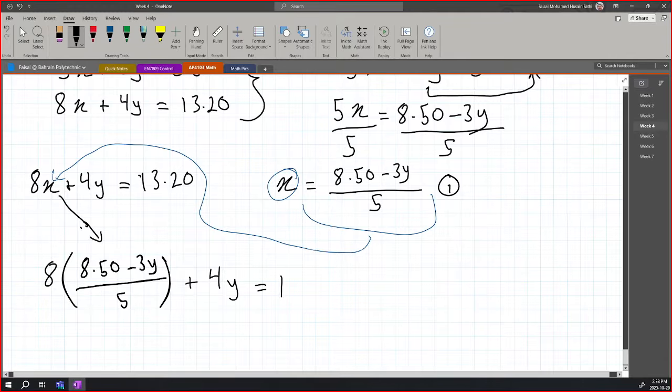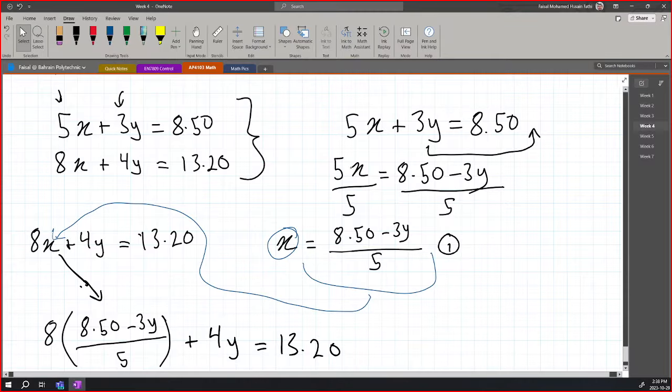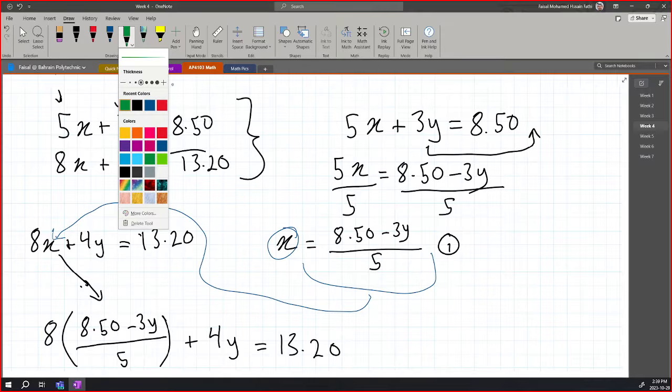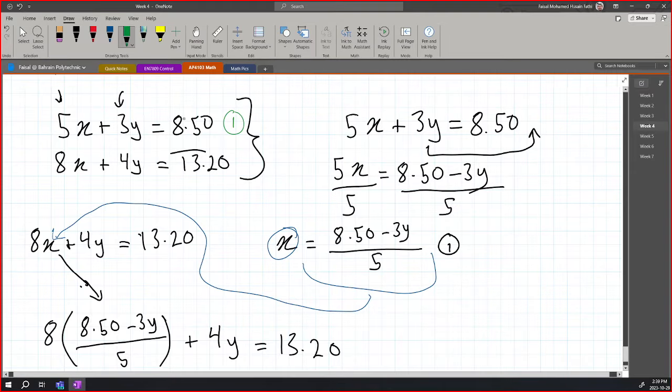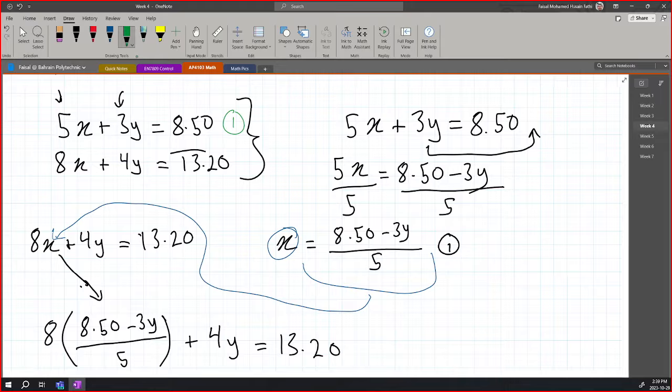is equal to 13.20. To answer your question, you cannot substitute this x in the same equation you got it from. To make something very clear, we used equation 1 to find the x by itself alone on the side, right? We did that, so this is equation 1, and this we call equation 2.